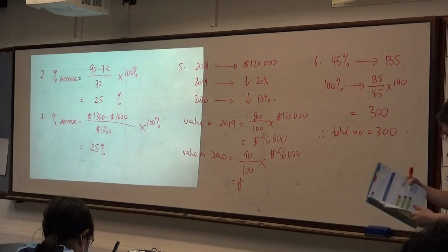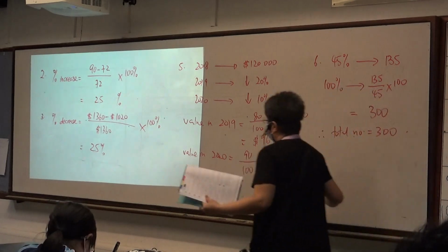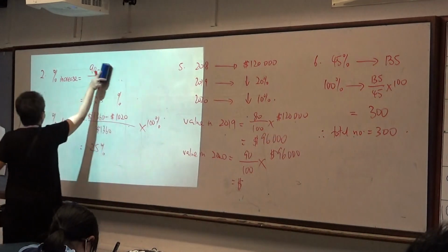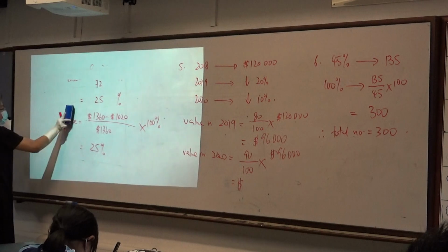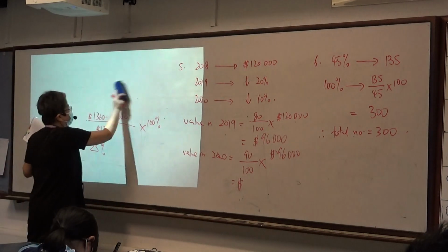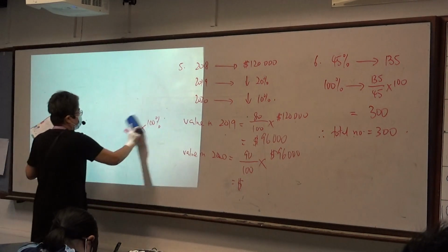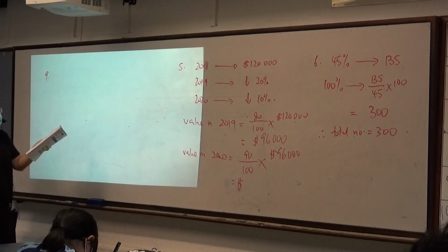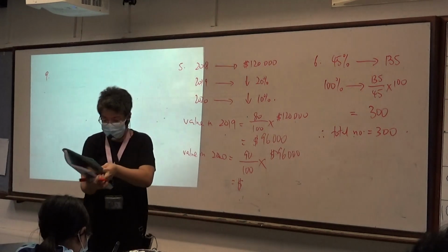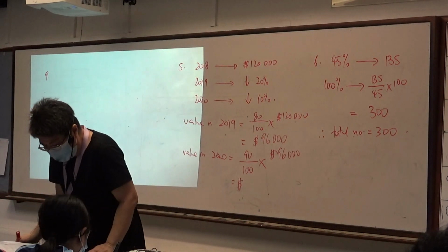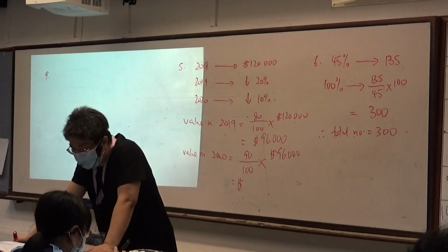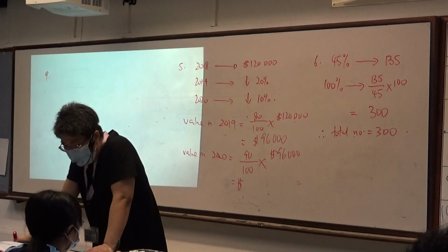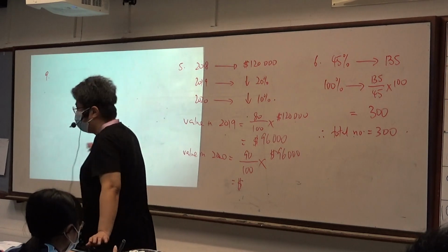Next question, question number 9. If 10% is deducted from a bill, 58.50 remains to be paid. How much is the original bill?